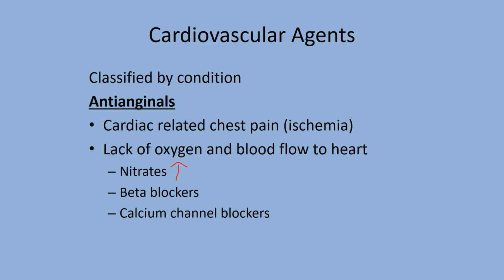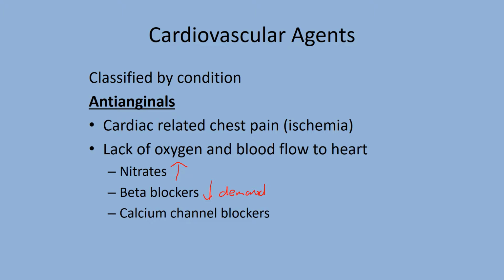For nitrates, like nitroglycerin sublingual, that's going to help increase the oxygen supply. Beta blockers are going to decrease oxygen demand. If you have to do very forceful contractions, you're going to use a lot of oxygen.